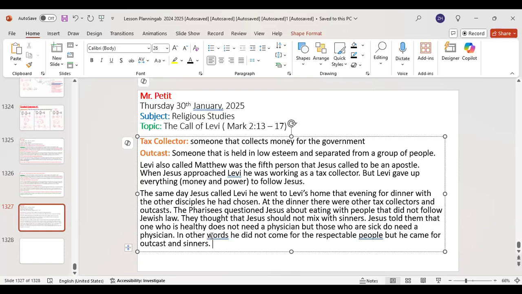So he's going to go to the people who actually feel their need for him, people who recognize their state. Though they may be outcasts and sinners, at least they understand that that's their state and they're willing to get help from the physician. But the Pharisees thought themselves holier than thou. They thought themselves whole and holy and righteous and good. So they don't need no physician, so he ain't gonna come to them.